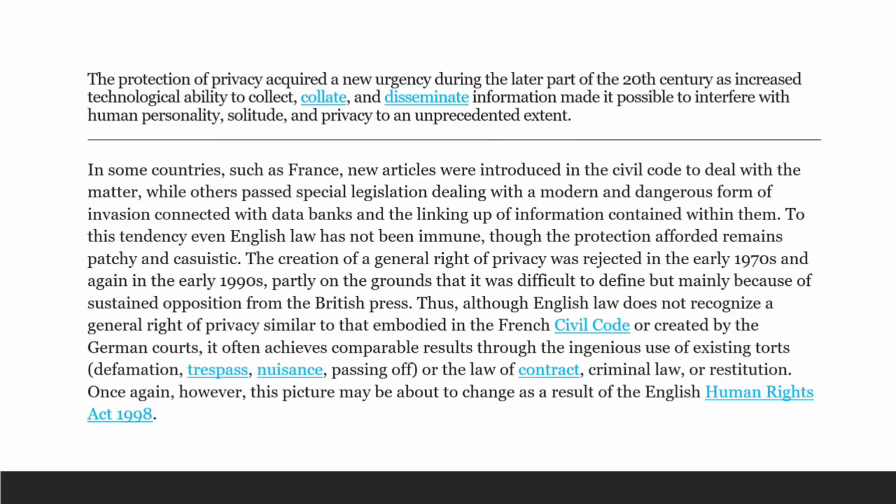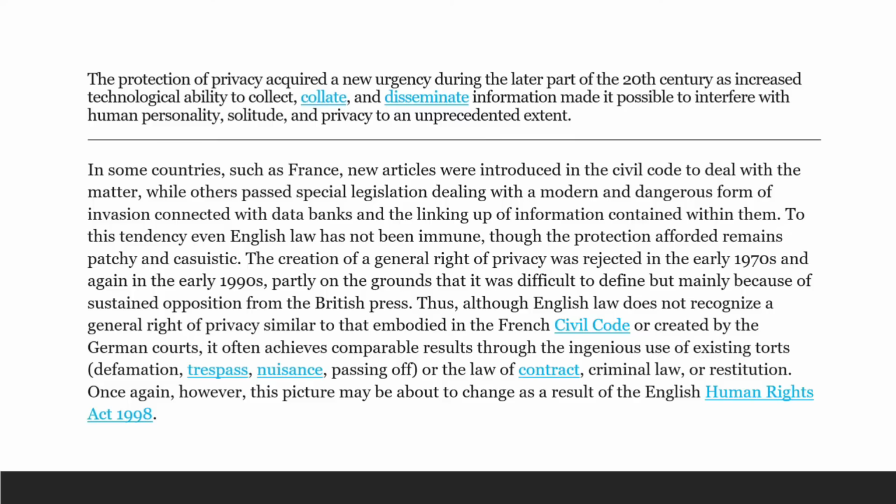The creation of a general right of privacy was rejected in the early 1970s and again in the early 1990s, partly on the grounds that it was difficult to define, but mainly because of sustained opposition from the British press.